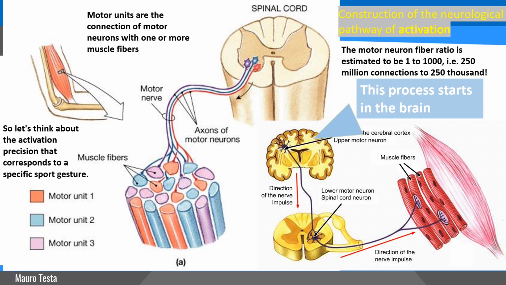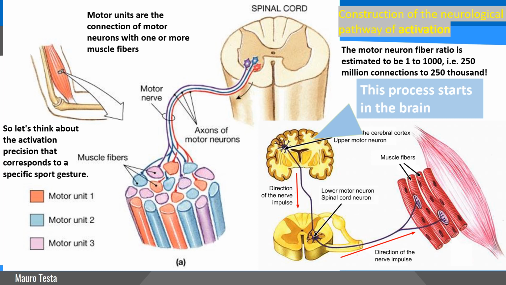So in a muscle, like the biceps, with 253,000 fibers, we do not have 253,000 motor units, but we have many motor units. It depends on the genetic patrimony that we have. Normally the literature gives us information that the relationship from the fiber to the motor unit could be 1:1 or 1:1,000.